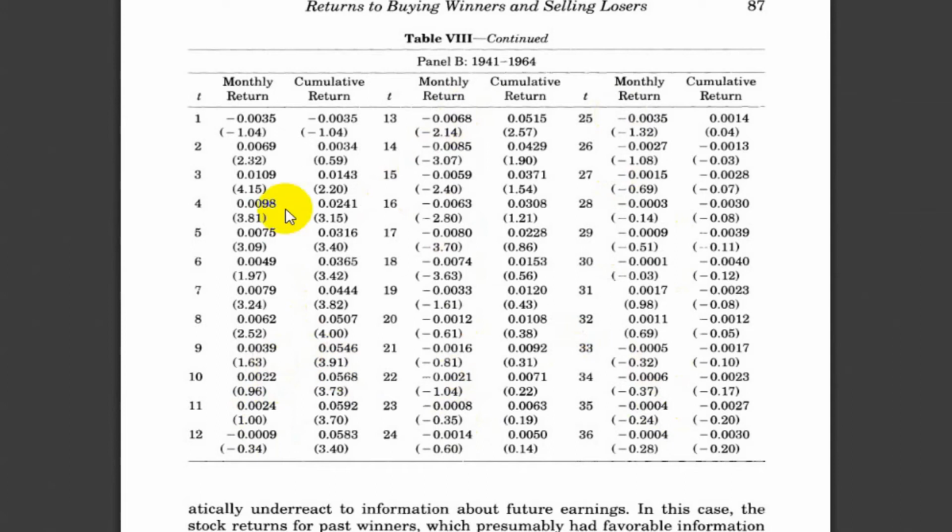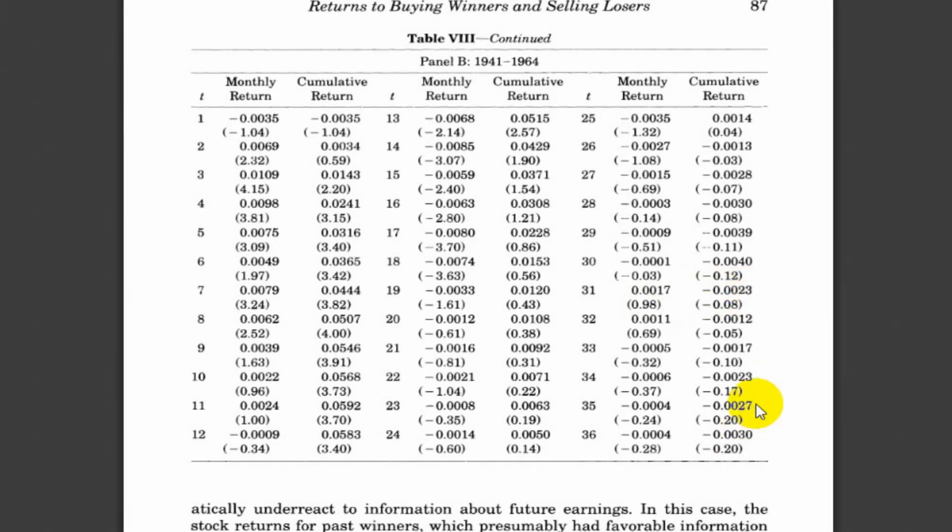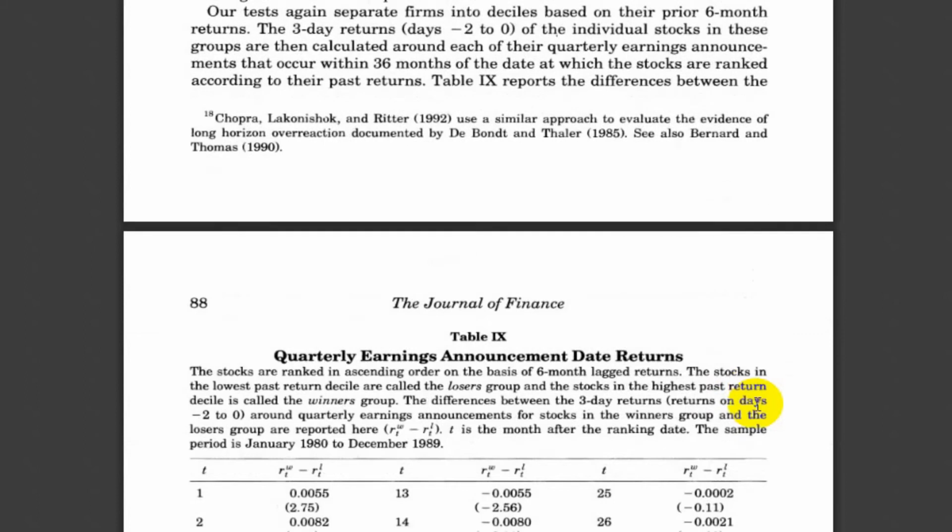And the positive returns that were earned in the first year are nearly dissipated by the end of the second year, whereas you remember in the 65 to 89 period, those returns were about 4% by the end of the third year. Okay, so let's go down to section 8.